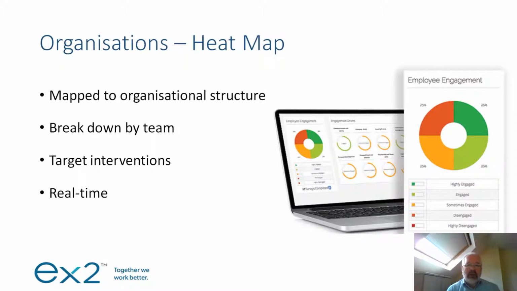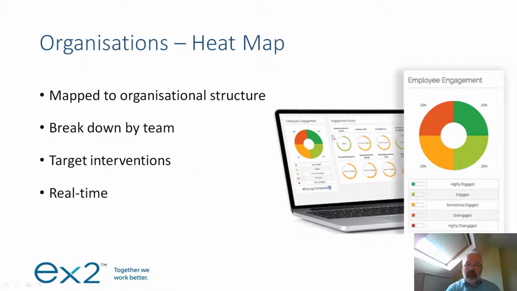I worked alongside those three universities to define what those engagement drivers should be, and we looked at the most validated but also the most tangible engagement drivers, things that an individual employee can go and do something about in his or her own job, or a line manager can do something about with his or her team, and an organisation can also take action on that key driver. It allows us to target interventions at all those levels, and it works in real time.